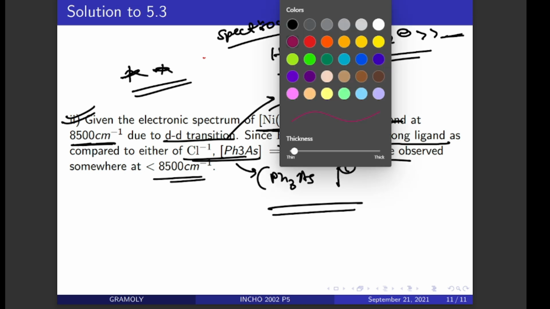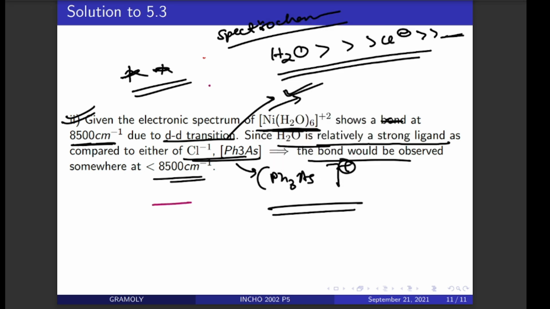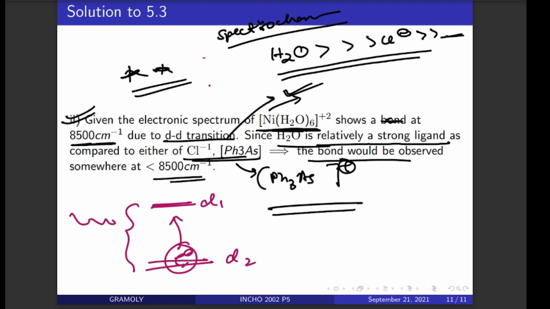What happens in d-d transition is that there are two d orbitals, say d1 and d2, and an electron is excited from d1 to d2. There is a gap that the electron needs to overcome, and the energy needed to overcome it is supplied externally, and this energy has a frequency of 8500 centimeter inverse.